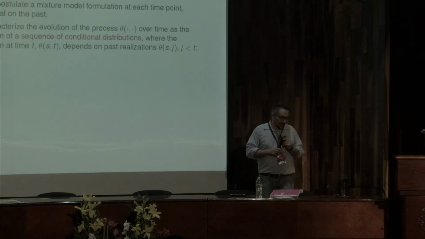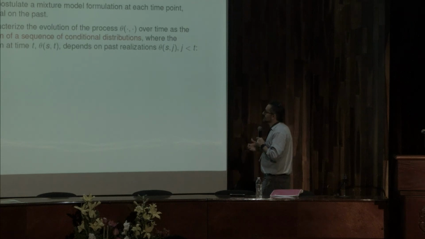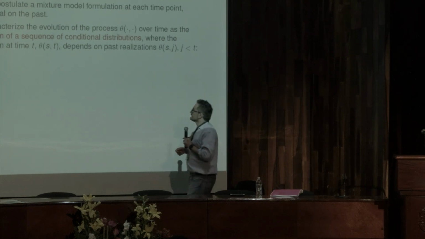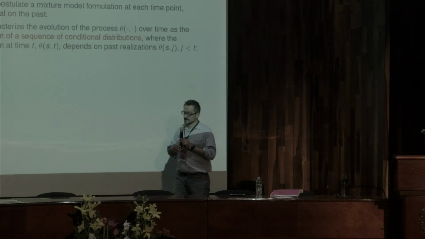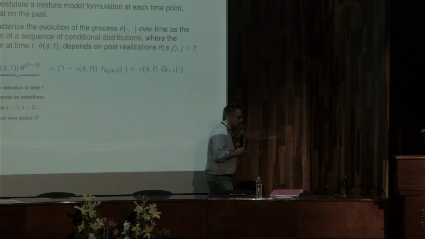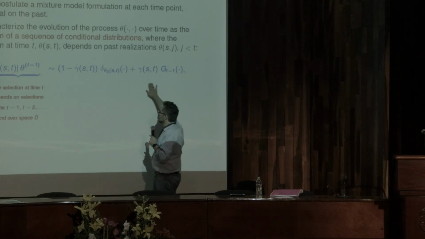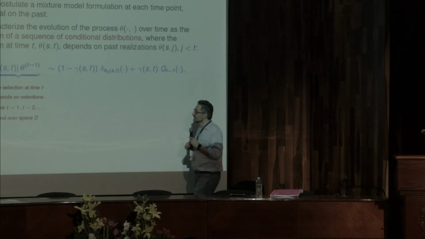So, what we want to do is to characterize a mixture model formulation at each time point, conditional on the past, for example, to start with, and in particular, to consider a realization of a sequence of conditional distributions such that what happens at time t at location s is going to depend on what happens at previous time points.